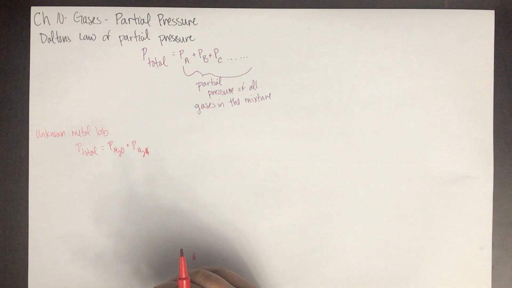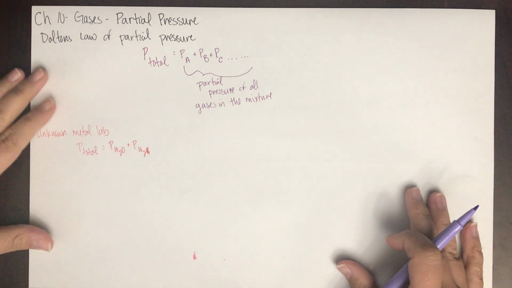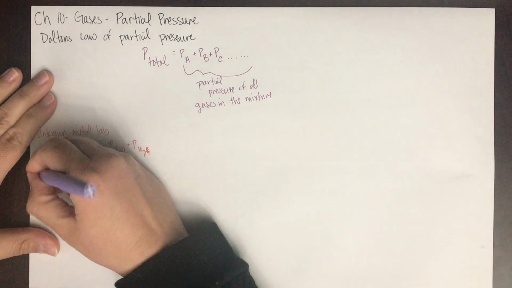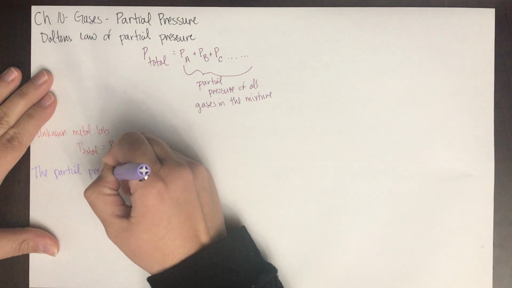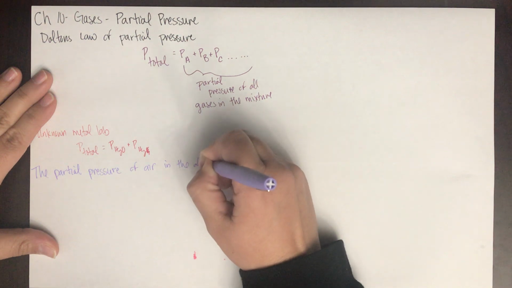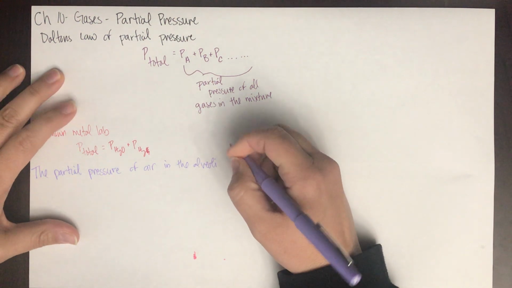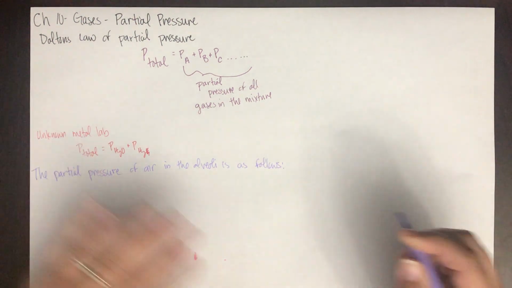So let's look at an example of how we solve partial pressures. This problem says the partial pressure of air in the alveoli, which are the air sacs in the lungs, is as follows.